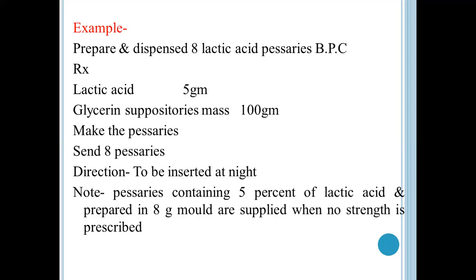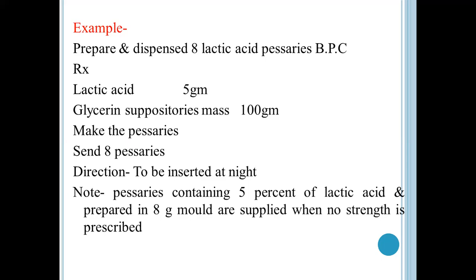The proper mixing that has happened between the drug and this base, what happens is, if it is kept for a long time or there is some delay before pouring into the mold, the setting point is lowered because of the lactic acid.